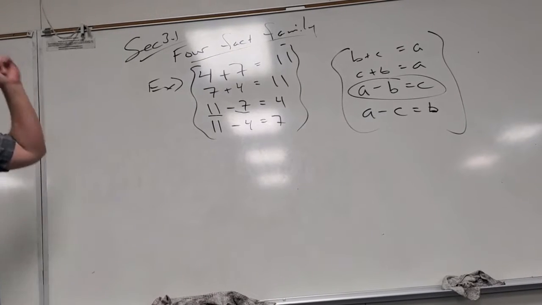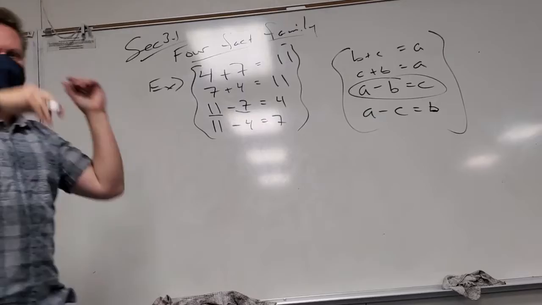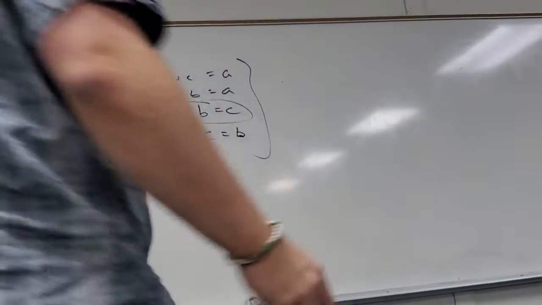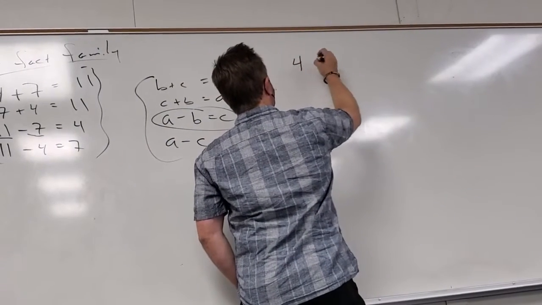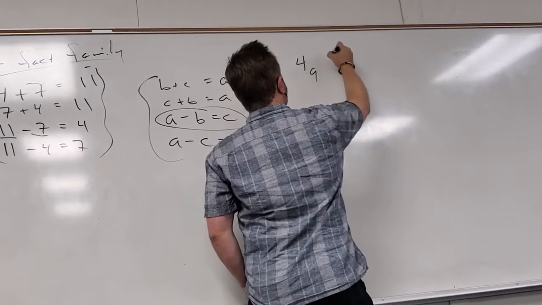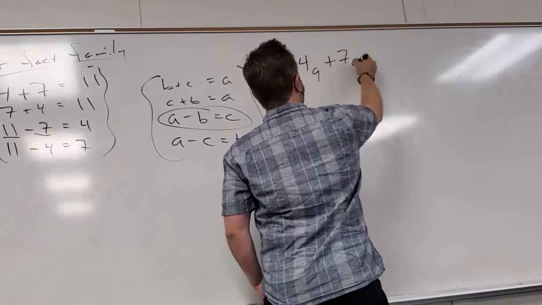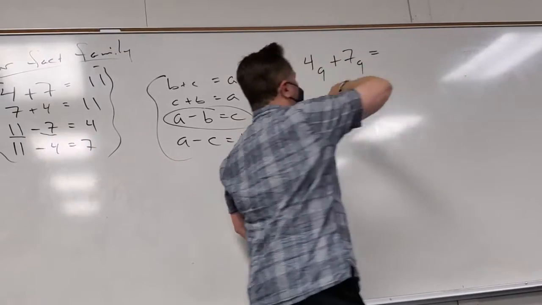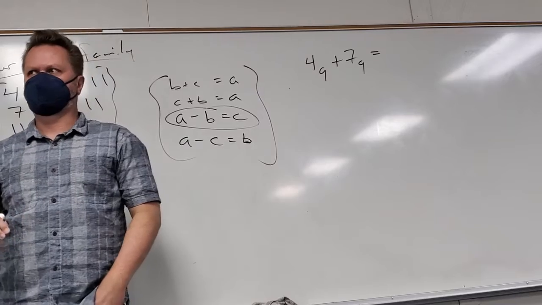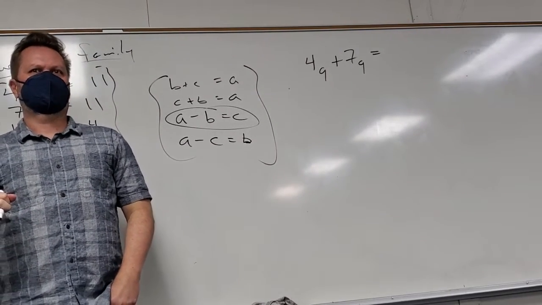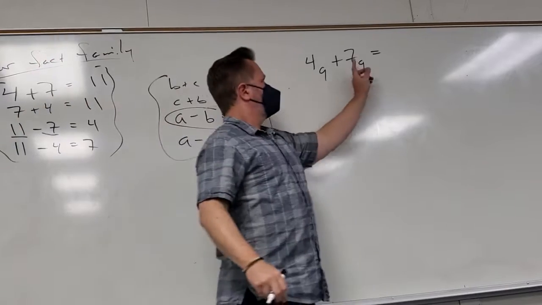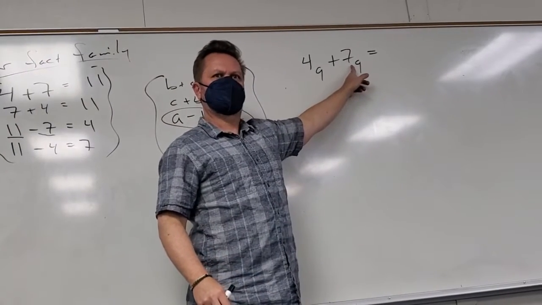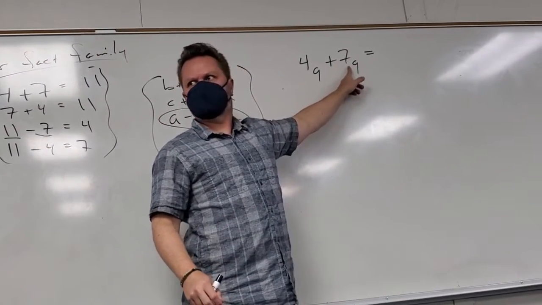All right, let's do one more example that will tie into something else. What is 4 base 9 plus 7 base 9? How far away from 1, 0 is this? It's 2 away.